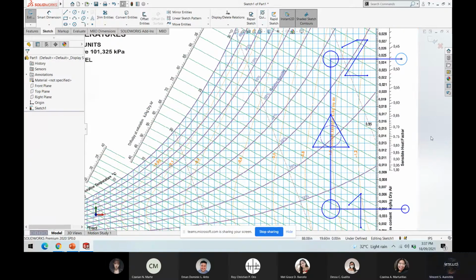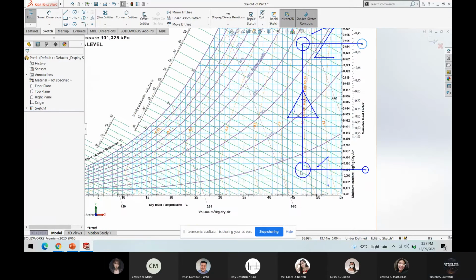So therefore, since mas dako man ang specific humidity sa point 2 than sa 1, therefore sakto tong giingon nga ang humidification is an increase in the specific humidity without the change in the dry bulb temperature.